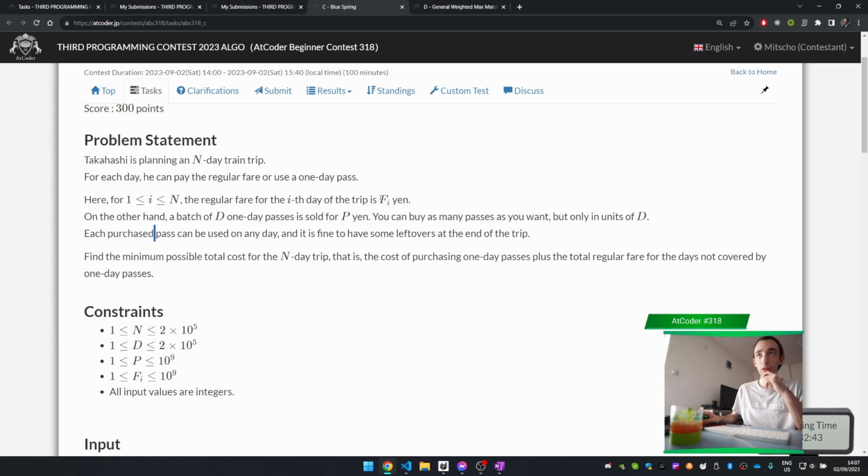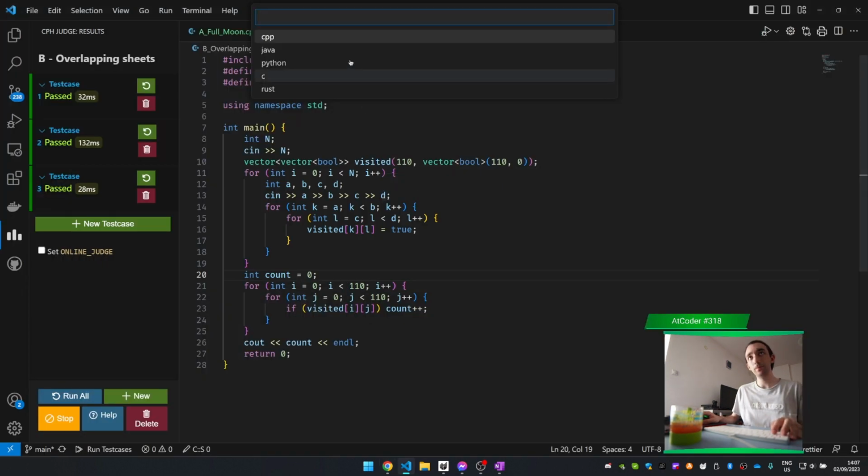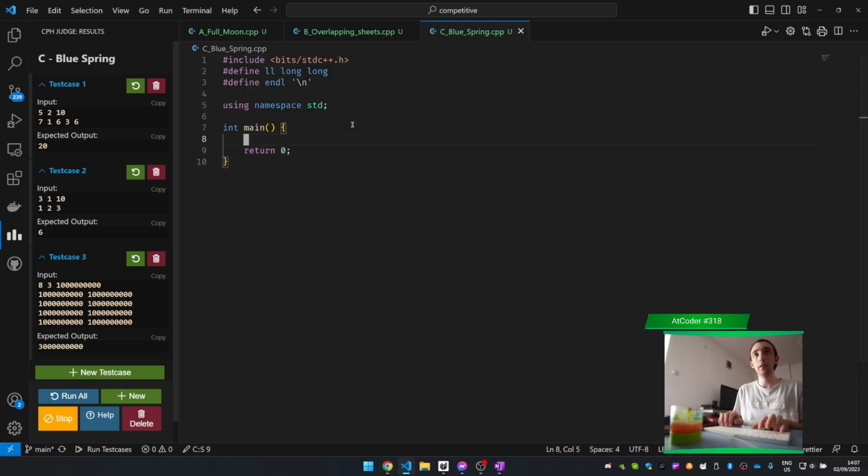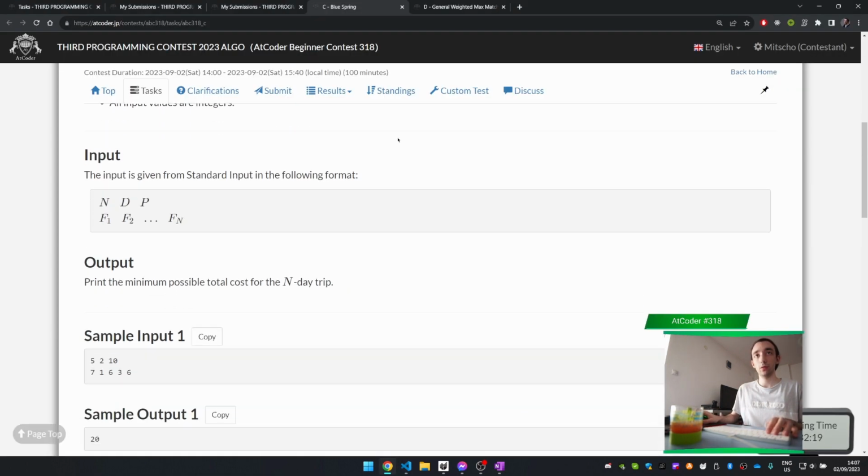So the cost is first the sum of all of these, and then after paying for a batch of D passes, I will eliminate the most expensive ones, because that's optimal.